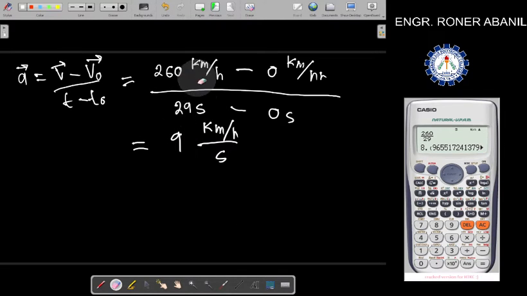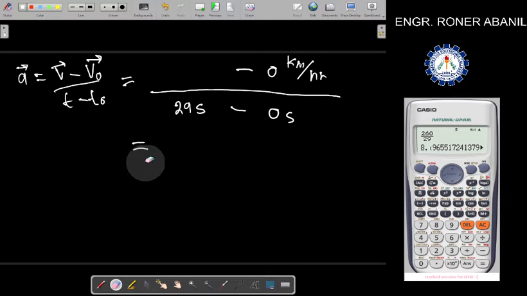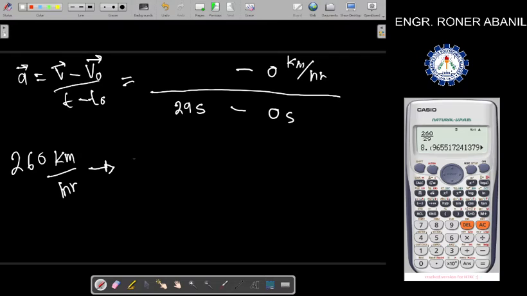Balikan natin yung problem. Ito, balikan natin 'to. Siguro maganda i-convert muna natin 'to, yung 260, okay? So, iko-convert natin yung 260 kilometer per hour ngayon ng meter per second.